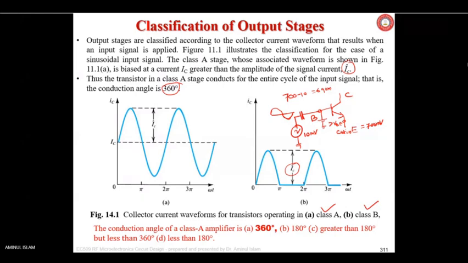Elsewhere, it will be conducting or giving output for only 180 degree. Even less than 180 degree may be there, or in between 180 degree and 360 degree. So how it has to be biased is important here.